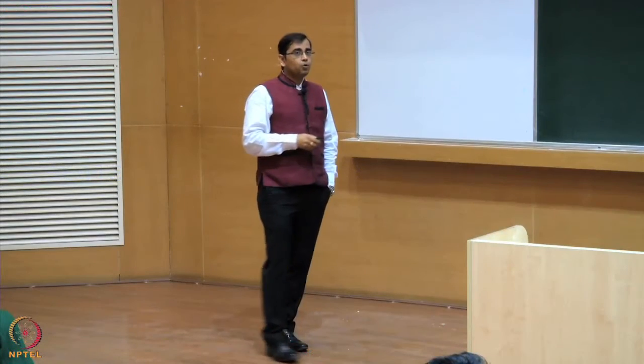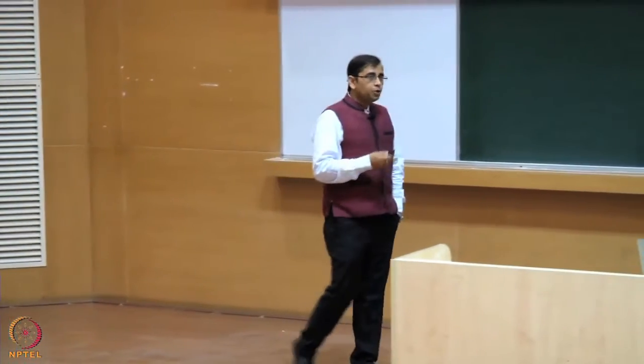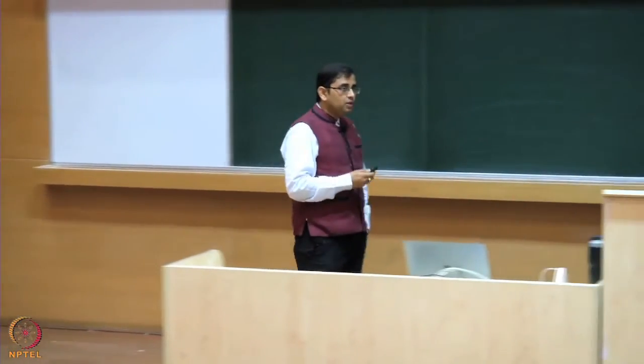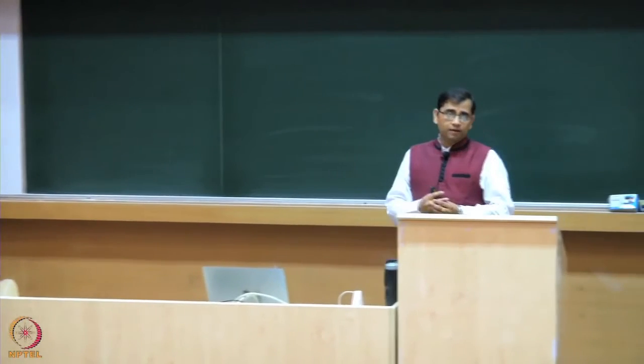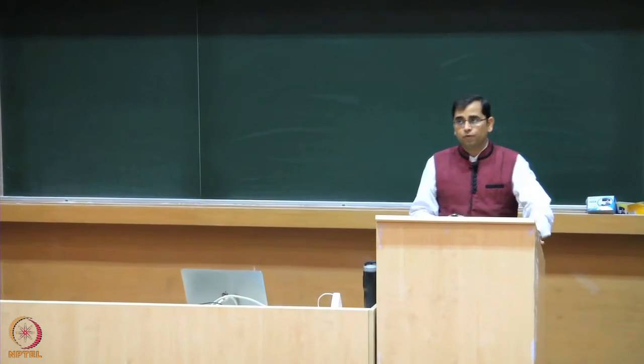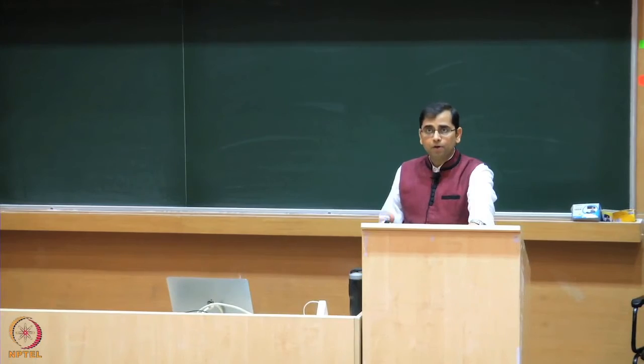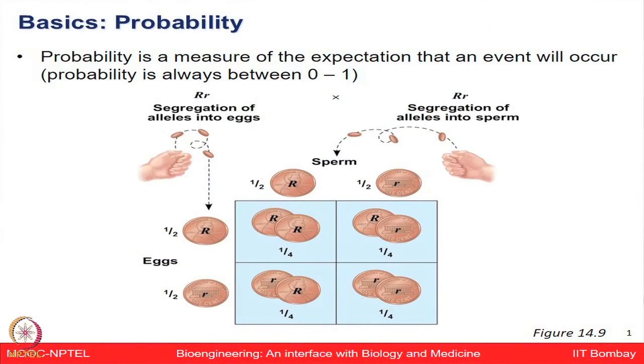So let's first think about the rules of probability, and I'm sure for this audience I don't have to teach too much about what probability is. You are measuring things on a scale of either 0 or 1. Just imagine that from egg and sperm, you are deriving the gametes. And those gametes, let's say if you have capital R, small r, those are segregating, so they split 50%, half and half.